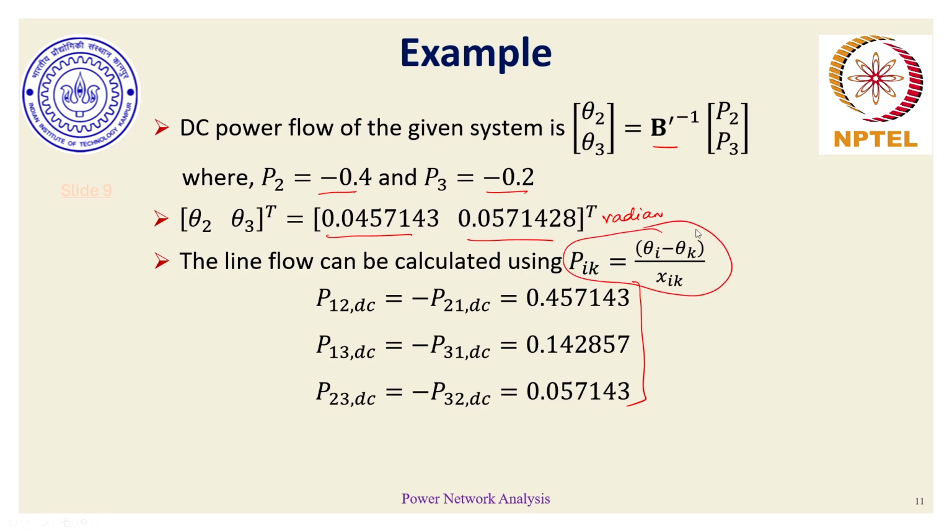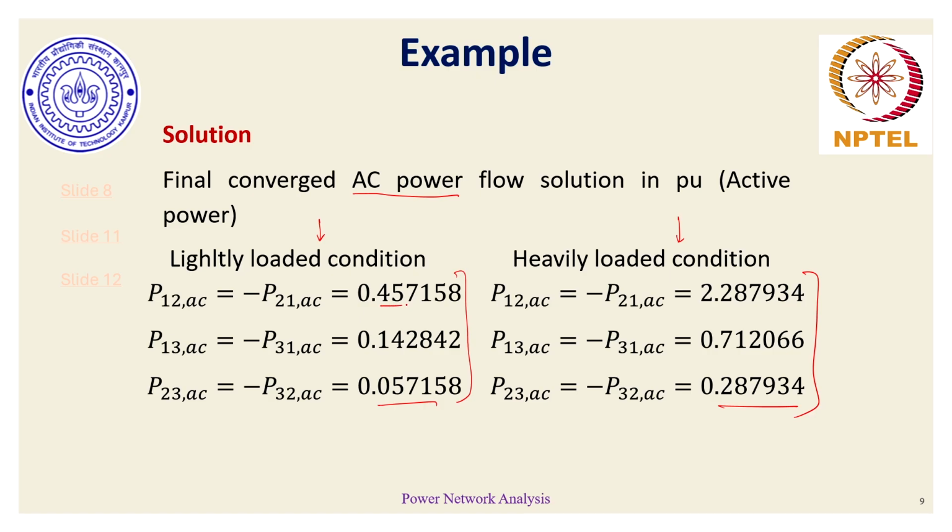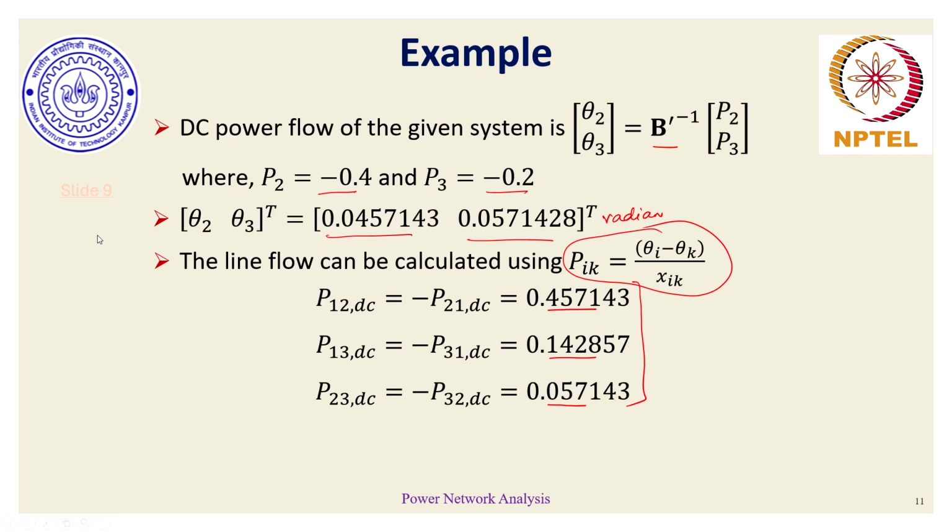Now, if we compare these flows, they are more or less equal, till the third or fourth decimal, to the flows that we have obtained from the actual AC power flow. So if you compare the numbers given over here on slide 9, which was the actual AC power flow solution, with the DC power flows that we have obtained for light load condition, the flows match till the fourth or the fifth decimal.